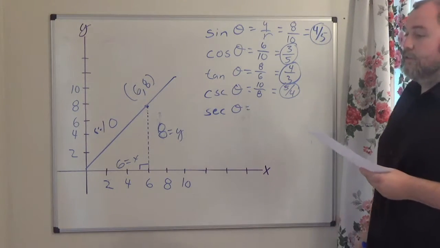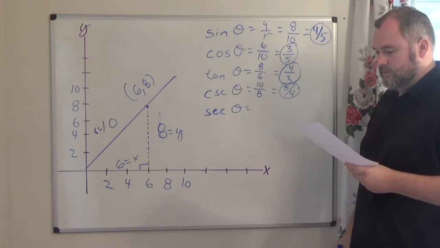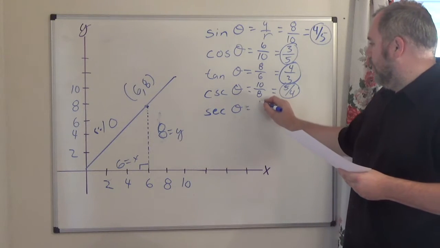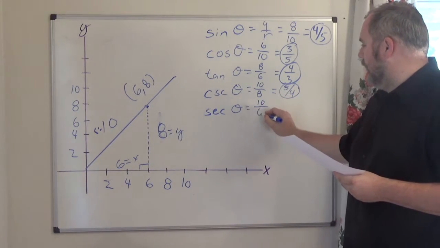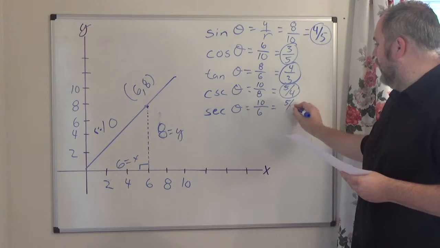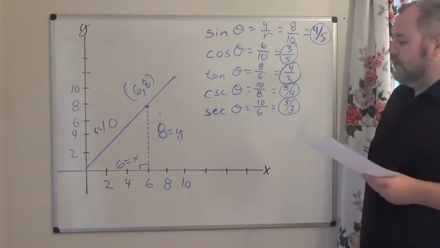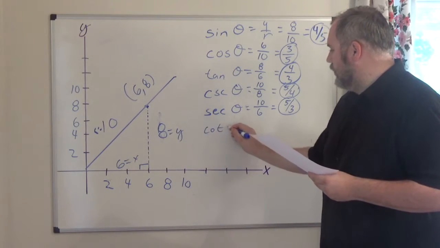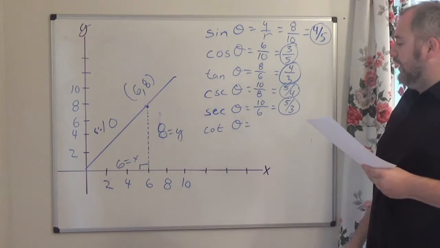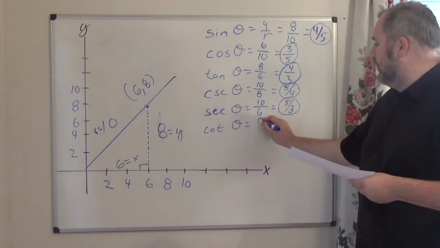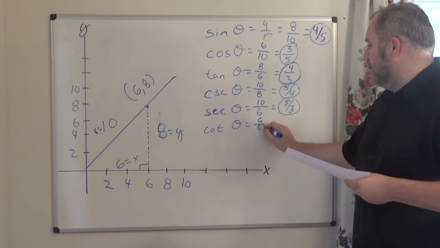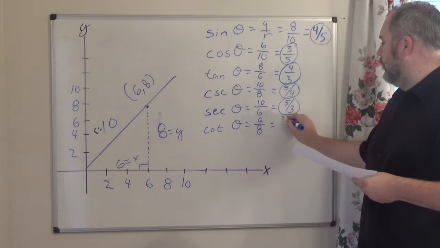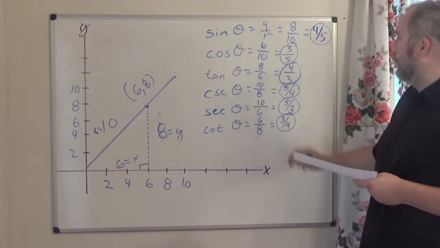Well, secant of theta is r over x, and r happens to be our 10. Our x is 6. This could become 5/3. The last one that we have is cotangent of theta. And we find out that it's x over y, so we can say 6 over 8. Well, that's going to go down to 3/4.